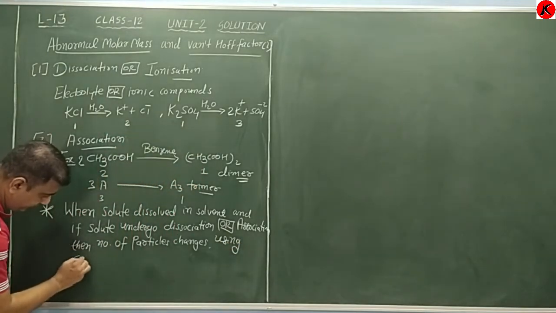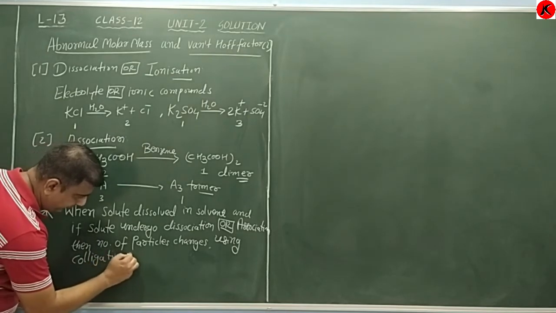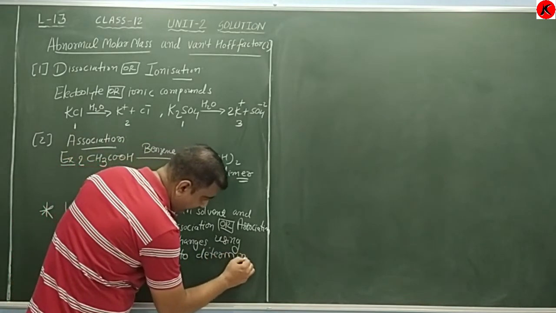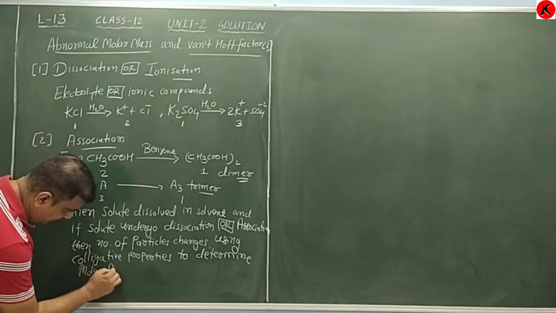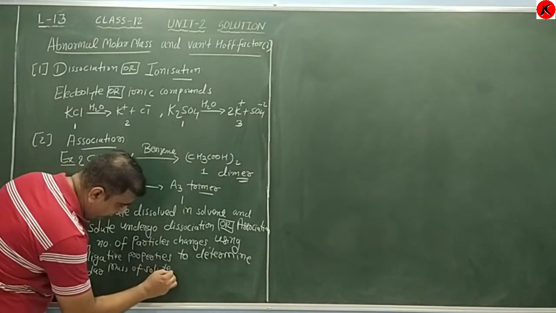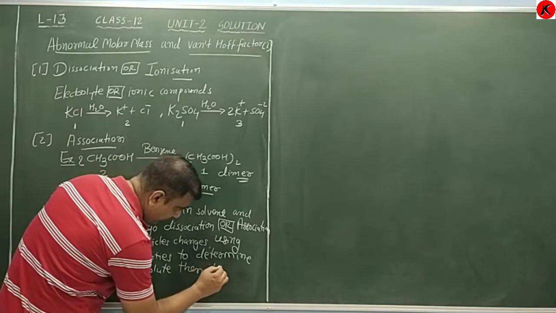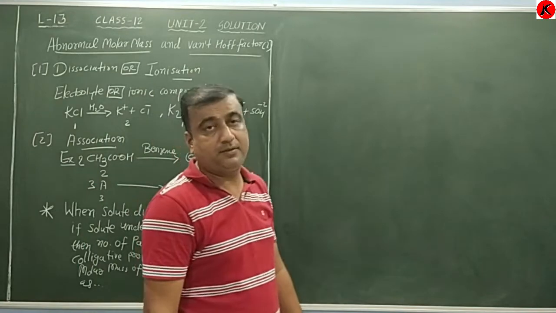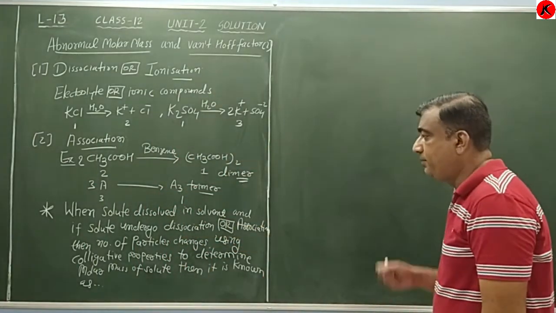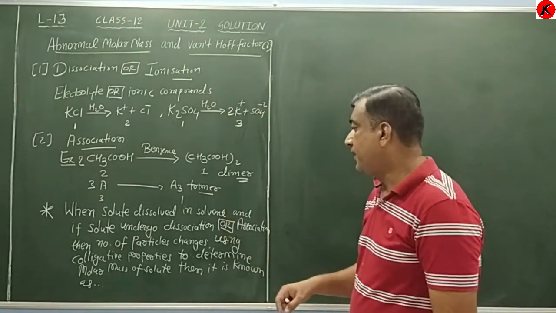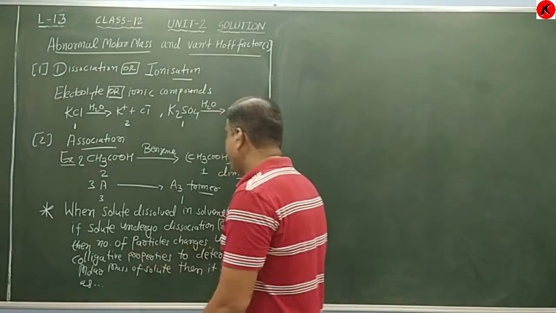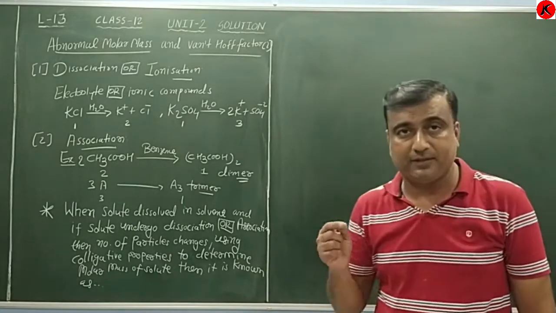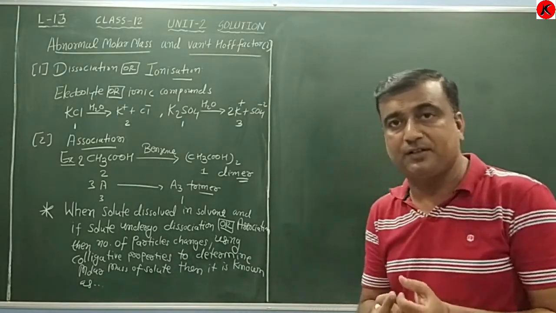Now using colligative properties to determine the molar mass of the solute, then it is known as abnormal molar mass, because in this situation the molar mass which is obtained is not correct.